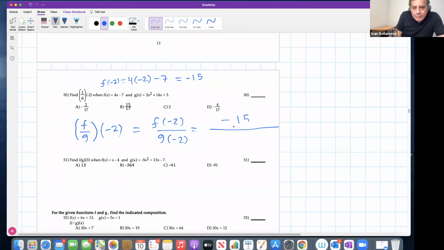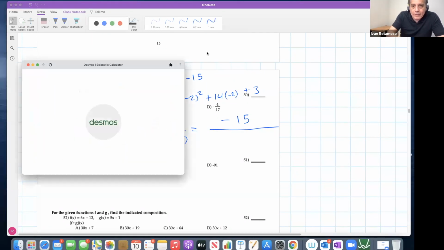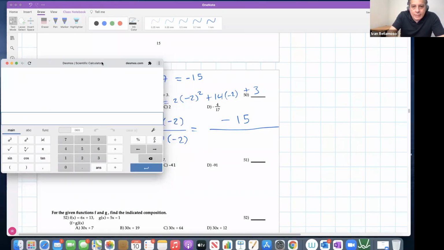Negative 15. On the denominator, g evaluated at negative 2. Use this function now, right? What is g evaluated at negative 2? Twice negative 2 squared plus 14 times negative 2 plus 3, right? If it looks complicated, guys, play safe, use your calculator. We're going to compute this in our calculator.